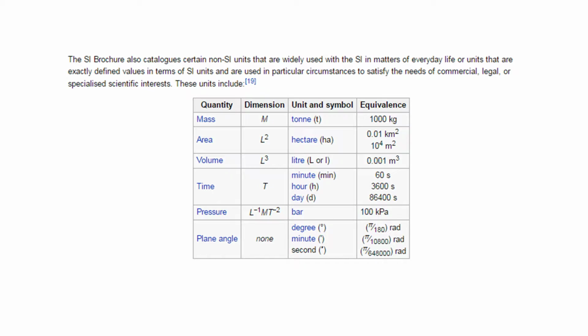Other units used in the game, non-SI units that are commonly used with SI, are the tonne, 1,000 kilograms, and the volume in terms of liter. Here they say capital L or small l, but guess what? The liter is not named after some scientist or other famous person, so we should not capitalize the L. If you're going to abbreviate liter, it should be lowercase l, and that's 0.001 cubic meters. The other unit is the hectare, the size of the fields that we tend to see.